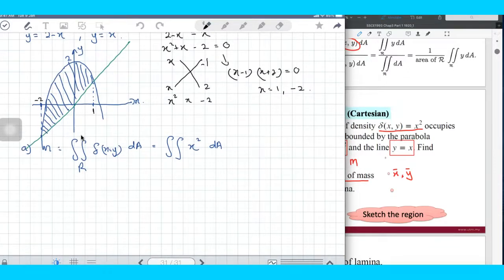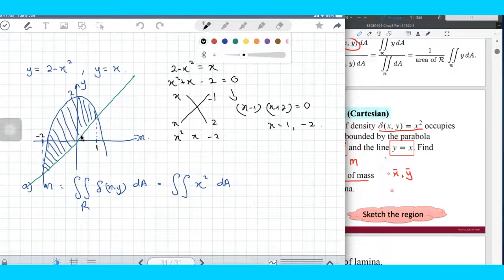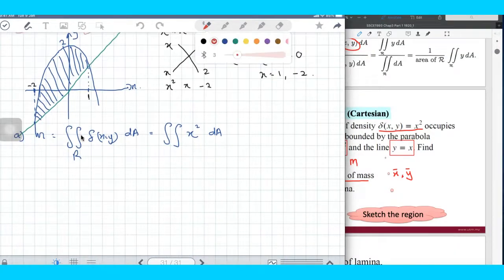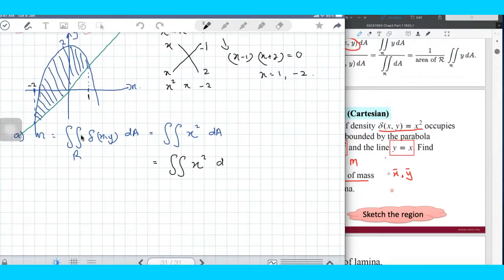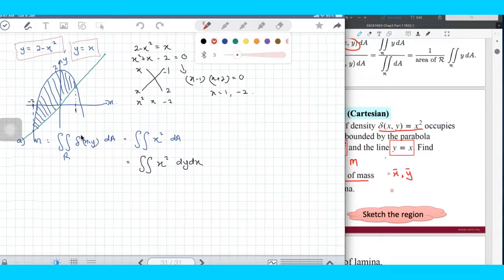Because your equations here are already y equal to, and y equal to x. So you want y to be the function, so that x should be constant. So we have x squared dy dx. Okay, so now we have to determine the limit of x and the limit of y.